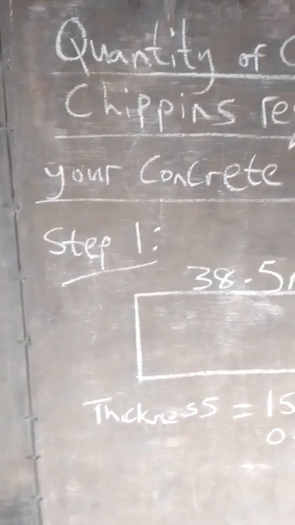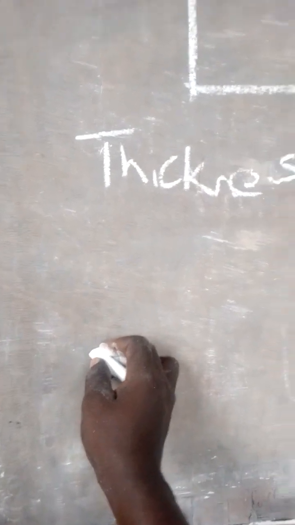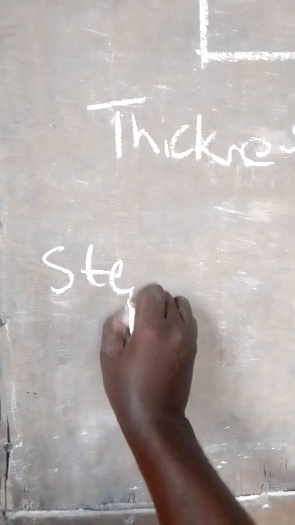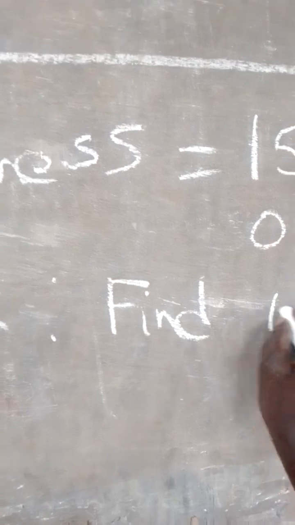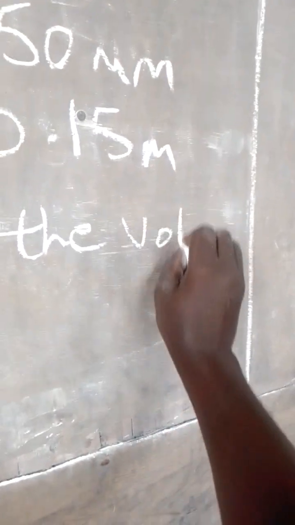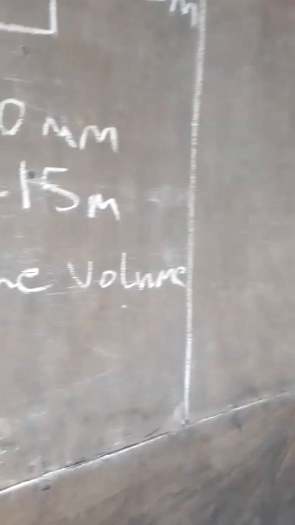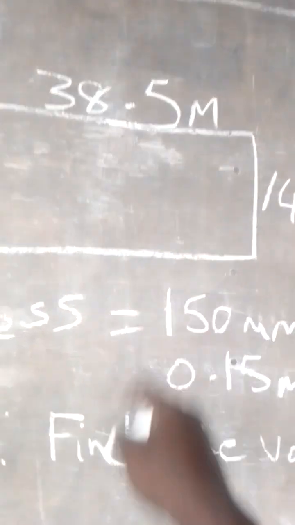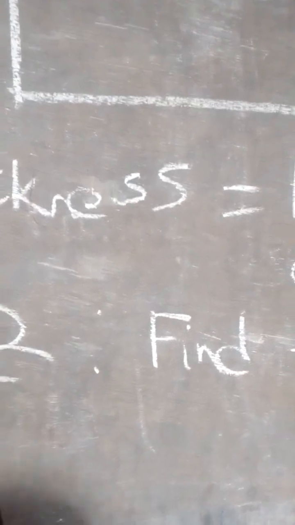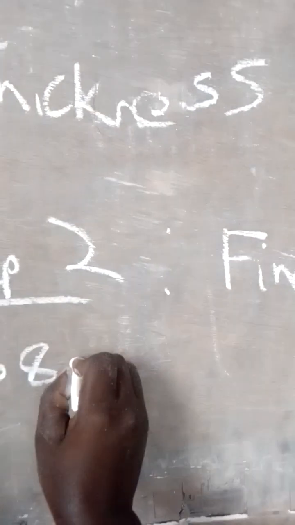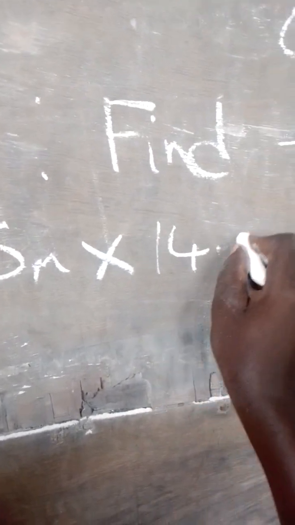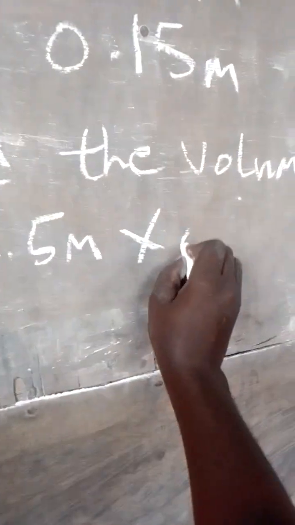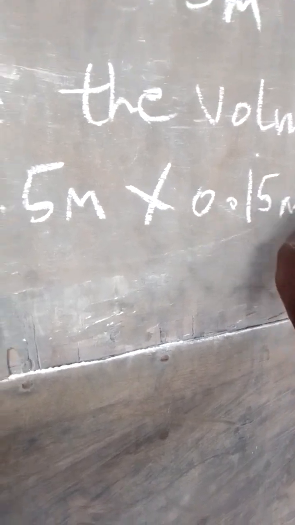Now, the next step, you can call it step 2, is to find the volume. Find the volume of this measurement. It's as simple as ABCD, which is 8.5 meter times 14.5 meter times 0.15 meter.